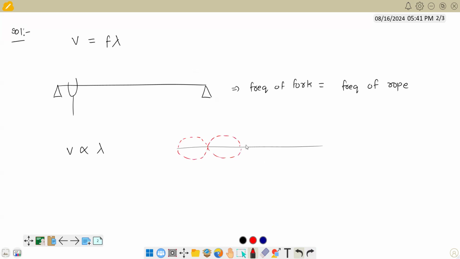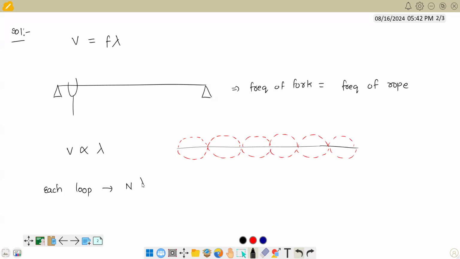1, 2, 3, 4, 5, and one more. So I'll slightly increase it, and 6. So each loop is simply equals to half lambda.